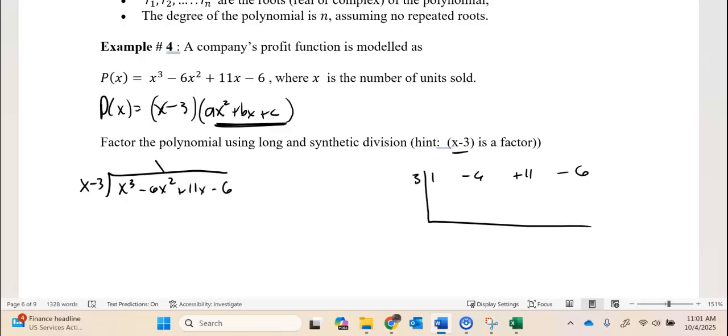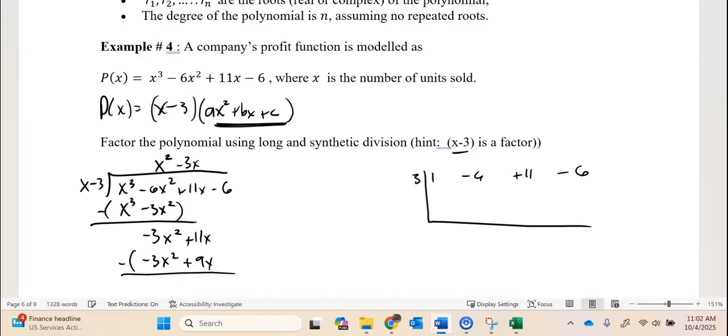X goes into x cubed, x squared times, multiply, x cubed minus 3x squared, subtract, negative 6 minus negative 3 is negative 3x squared, bring down the 11x. X goes into negative 3x squared, negative 3x times, multiply, negative 3x squared plus 9x, subtract the whole thing.